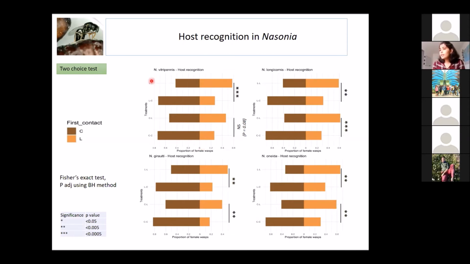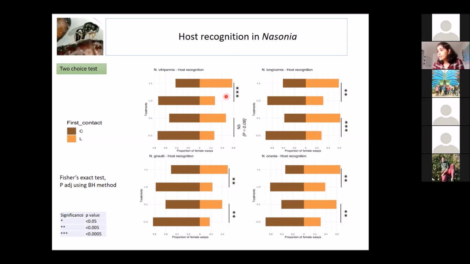And then in the y-axis, you see the treatments. And here the comparison was always done between the treatments that differ in their prior experience but have similar rearing history. As you could see here, in all the 4 species, for the trait host recognition, the proportion of wasps that choose Calliphora and Lucilia are different for the treatments that differ in their prior experience.